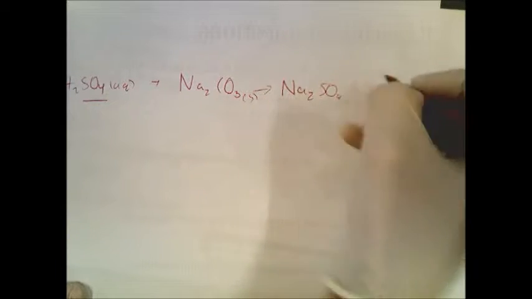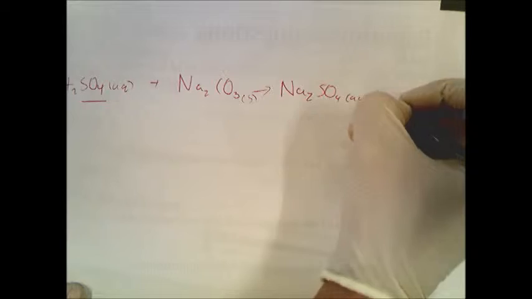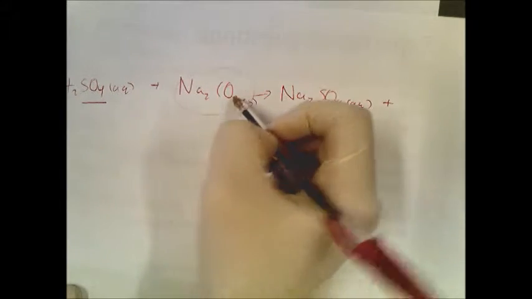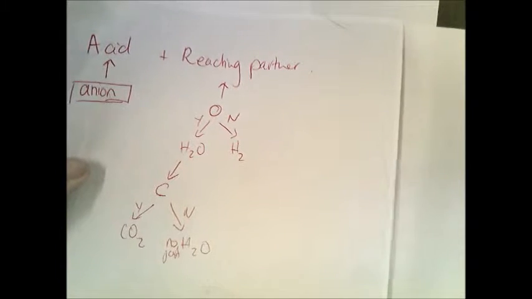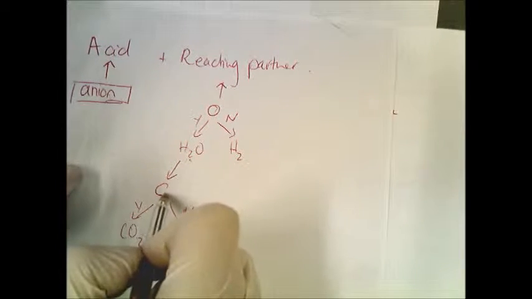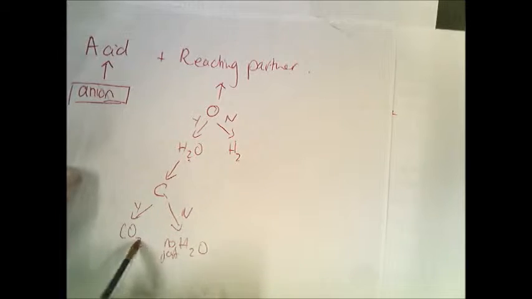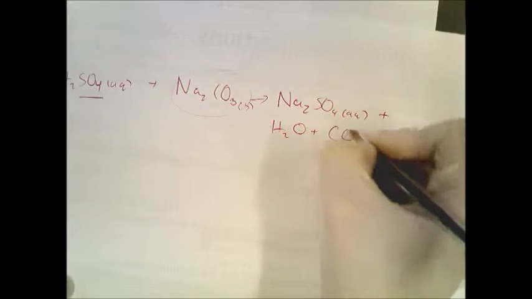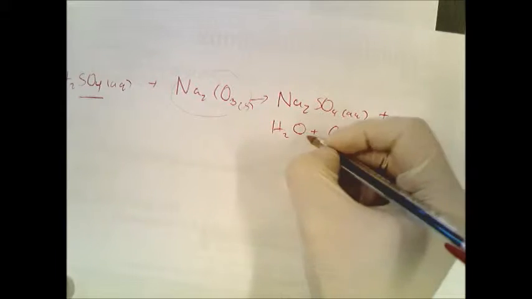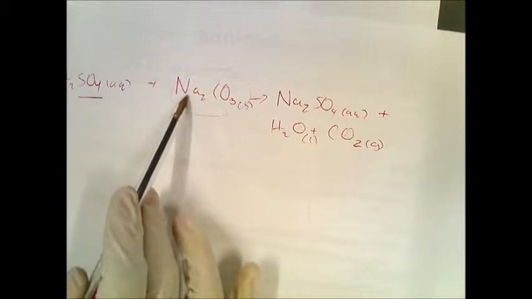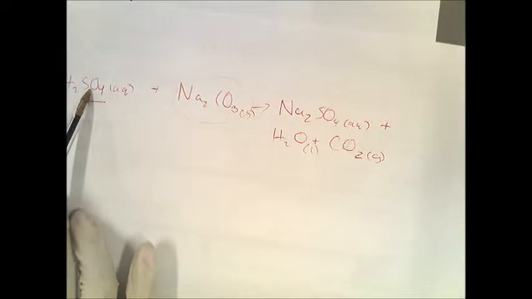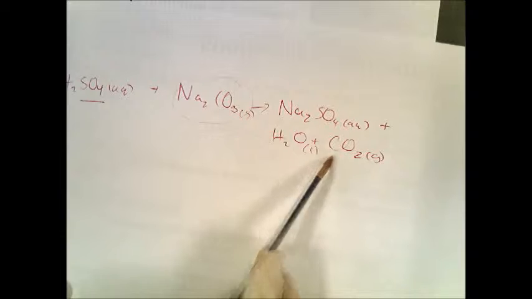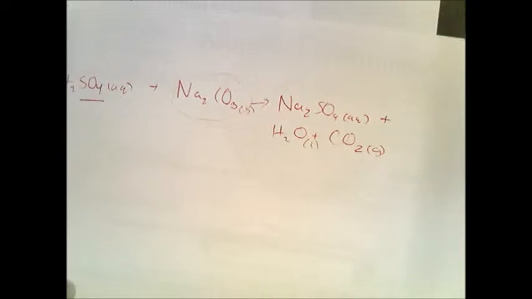Sodium sulfate will be our salt. Then we have to look at the reacting partner. Does it have oxygen? Yes. So we get water. Does it have carbon? Yes. So we get carbon dioxide. So let's write that out. Water plus CO2. Now, let us balance. 2 sodiums there, 2 sodiums there, and 1 carbon there. Yep, that should be balanced.